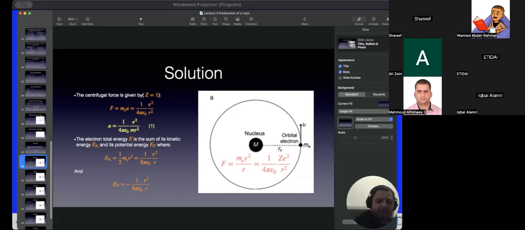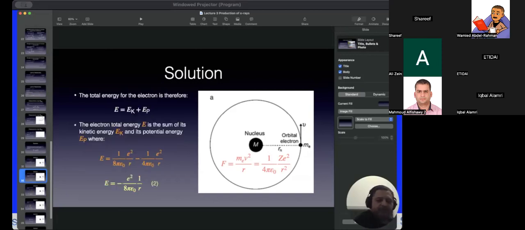The potential energy is given by minus e squared over 4 pi epsilon 0 r. We add the two energies, and at the end, we get that the total energy of the electron is minus e squared over 4 pi epsilon 0 times 1 over r.